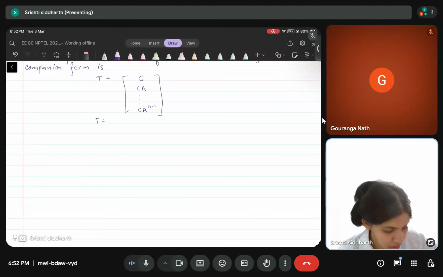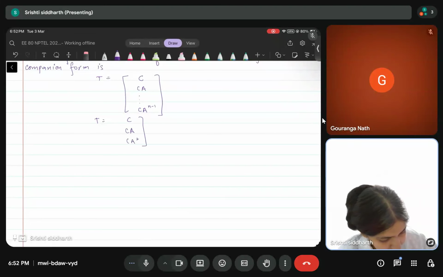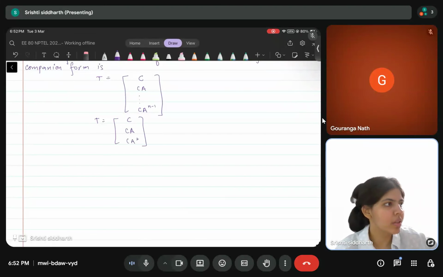And for our case, this is C, CA, CA square. So let's compute this.